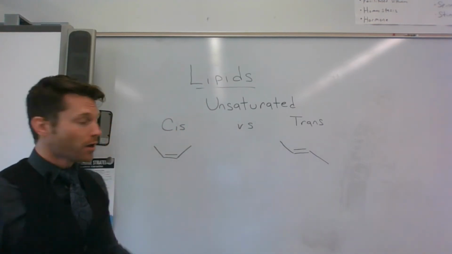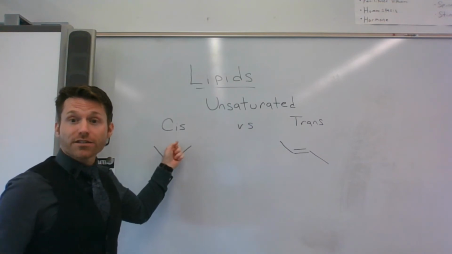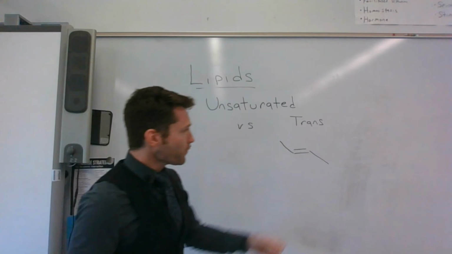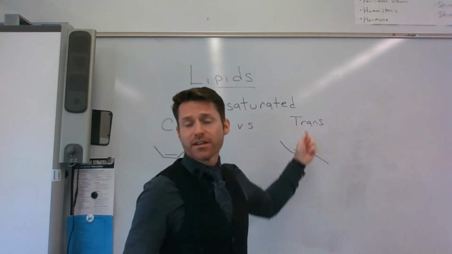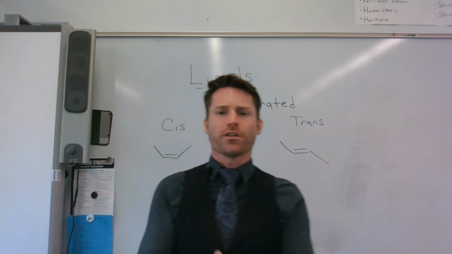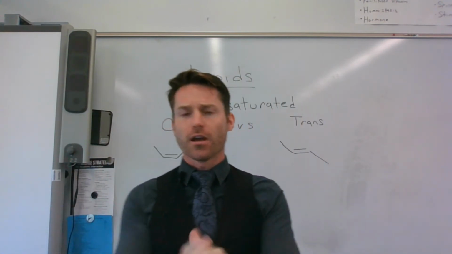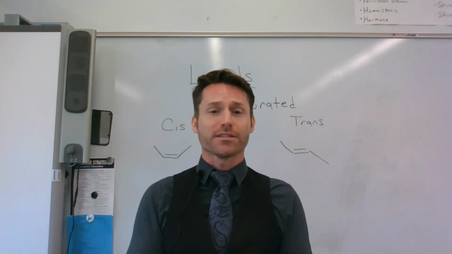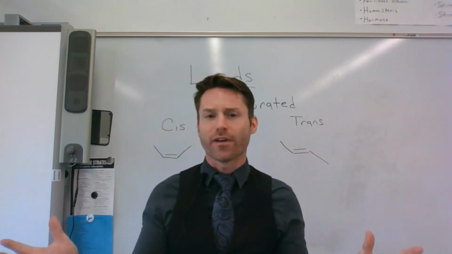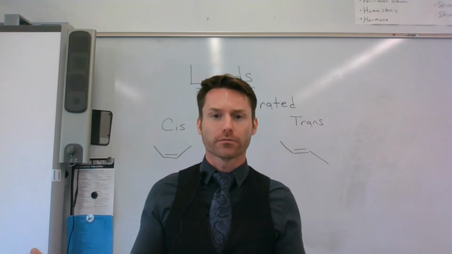Okay? So cis unsaturated fats, good for you. Olive oil, avocado oil. Trans unsaturated fats, terrible for you. Okay? Fortunately, in this country, the FDA was like, yo, trans fats are terrible for you. Let's get them out of the food. So now we shouldn't have trans fats in our diets anymore.